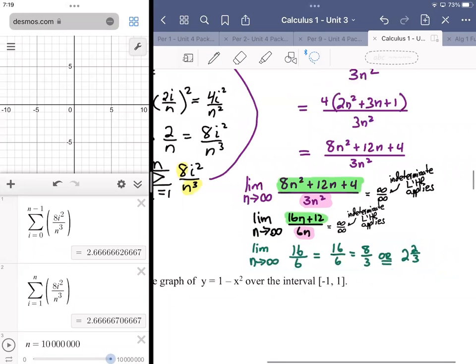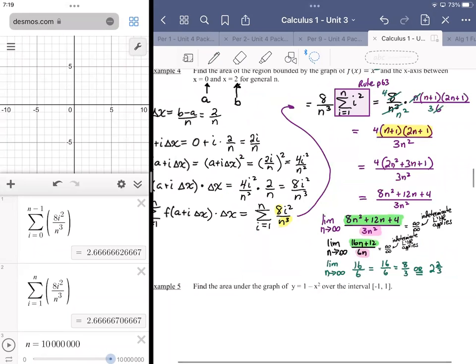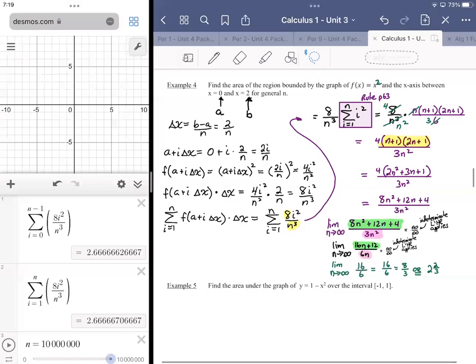But this is the foundation. This is known as a Riemann sum, but this is the foundation of something called a definite integral, right? And so this will give us the area bounded by the curve and the x-axis over an interval, right? The more you go through this technique, the easier it becomes, because it's pretty predictable, especially for polynomial functions.